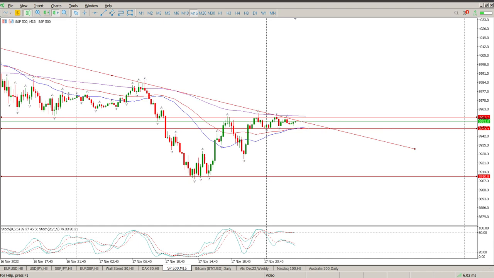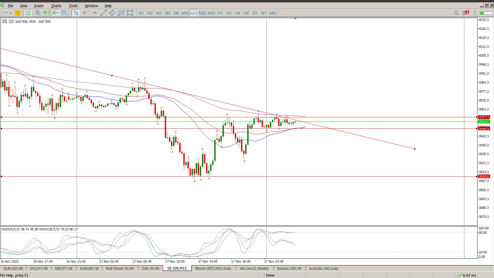I just want to see which one is bigger. So our puts we have 31,000, and our calls we have 20,000, and that's at 3,900. So our puts are pretty much very similar to the calls.